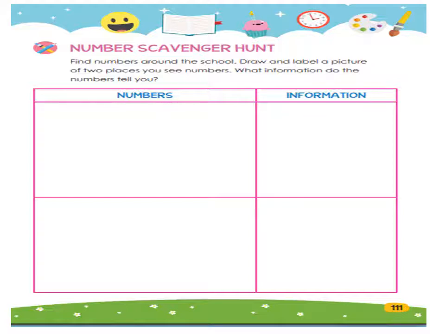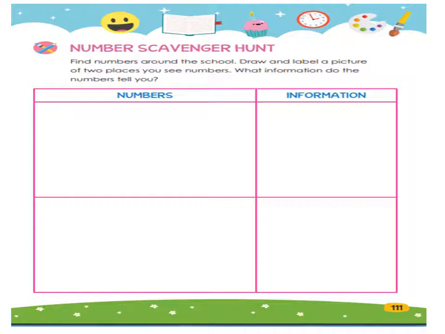Draw and label a picture of 2 places you see numbers. What information do the number tell you? Okay, we have said that each number give me a certain information, maybe time, price, temperature, weight, telephone number, address, anything. Now I want you to look around you and find something that has numbers and draw it here.